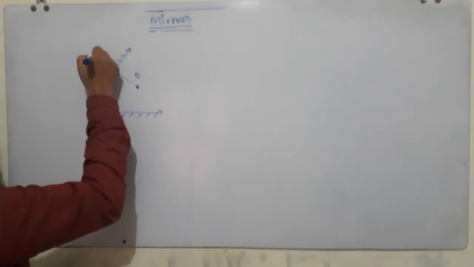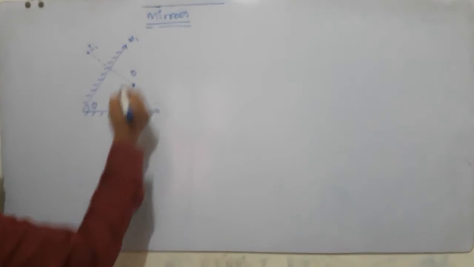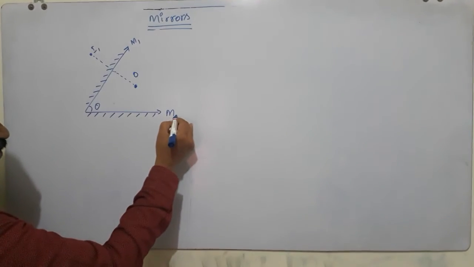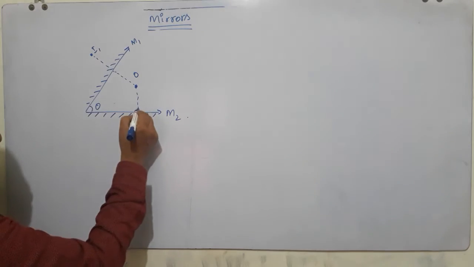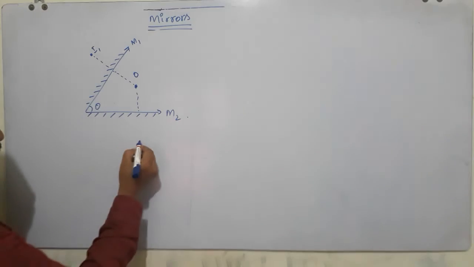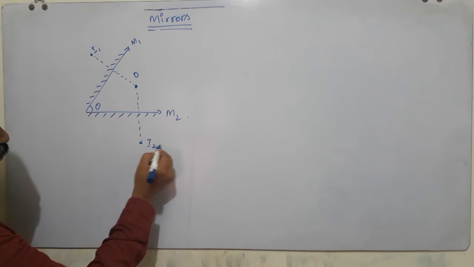Image I1 will be formed here by the first mirror M1. The same object will be the object for mirror 2 also. This is the distance of the object in front of this mirror. It forms its image I2.